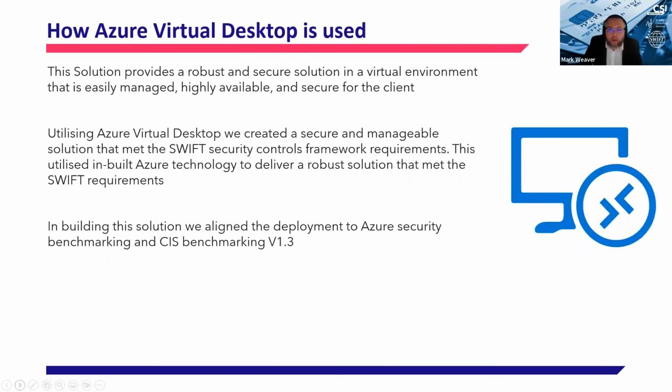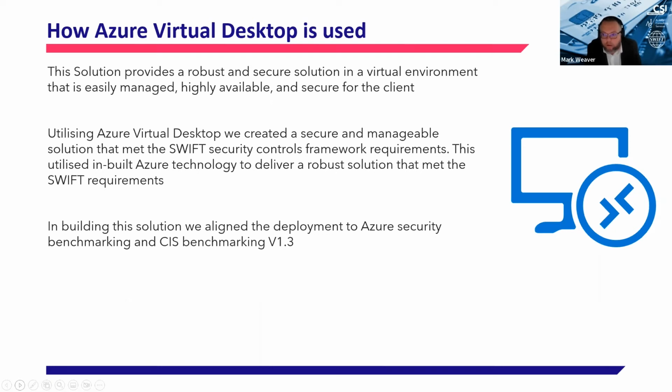Great. Okay, so we took a look at this for their environment, and utilizing Azure Virtual Desktop, we were able to deploy a robust image that was stripped down, as Jeff mentioned before, removing things like Xbox and all the stuff that wasn't required. We only allowed a website location that the Building Society had in there.